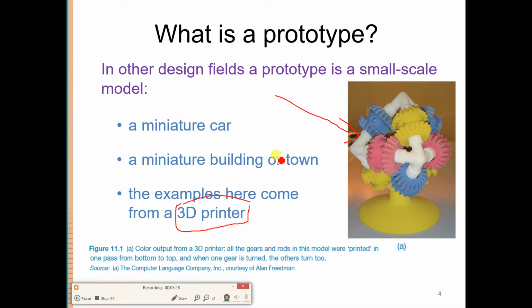We can feed the design into the computer using software, and the 3D printer is going to print out the prototype. Of course, this is not using the actual material which is going to be used in the final product. This is using some other, less costly material, and this is going to be the small scale model. So let me try to show you a video.